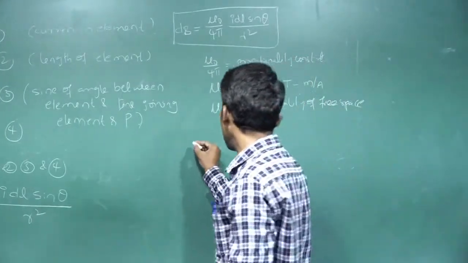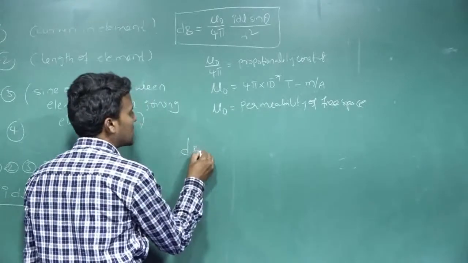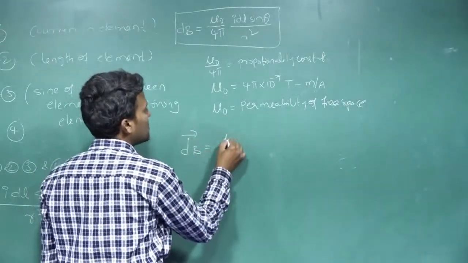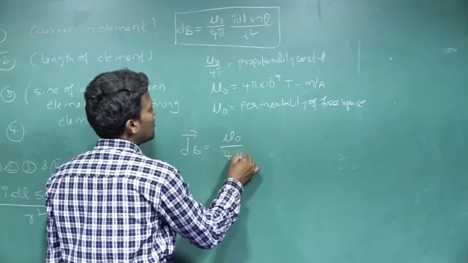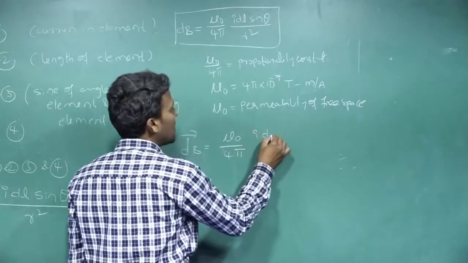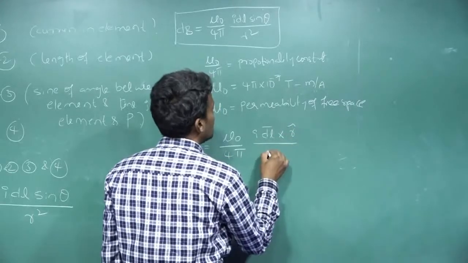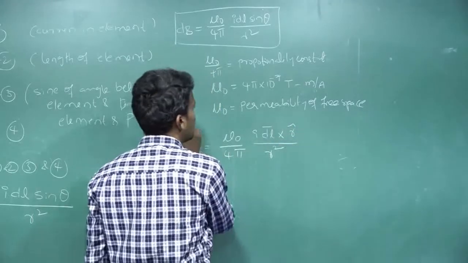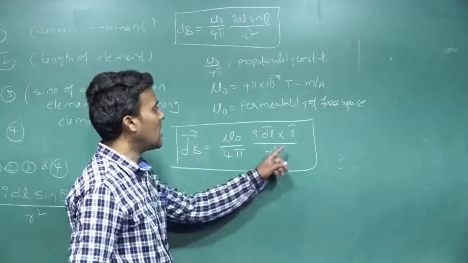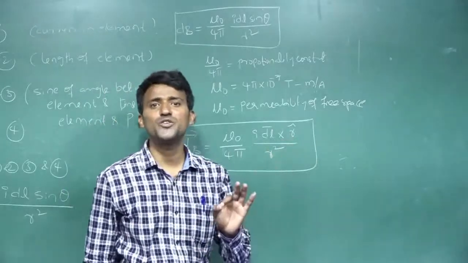In vector notation, you can write mu naught by 4 pi into I dl cross r cap divided by r square. Here r cap is a unit vector.